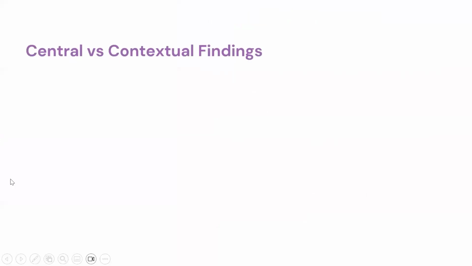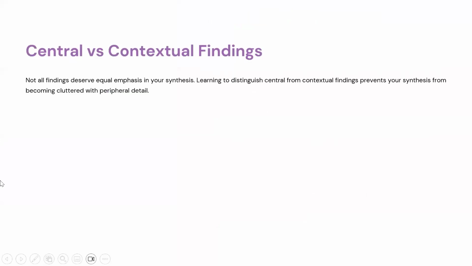So to build on that last point, what are central versus contextual findings and how do they differ? Obviously, not all findings deserve equal emphasis in your synthesis, and learning to distinguish central from contextual findings prevents your synthesis from becoming cluttered with peripheral details.